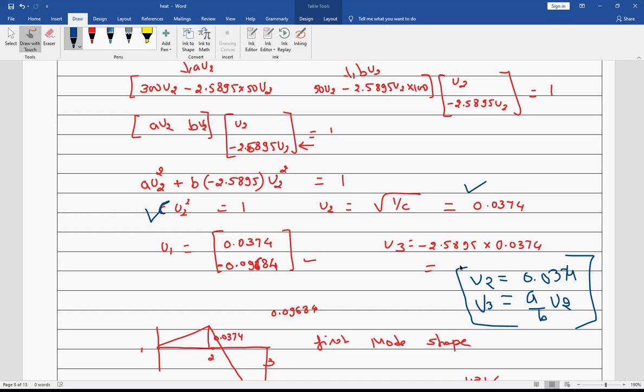The rest of the people, have you got this mode shape? Okay. So now you try to do it. Okay, good.